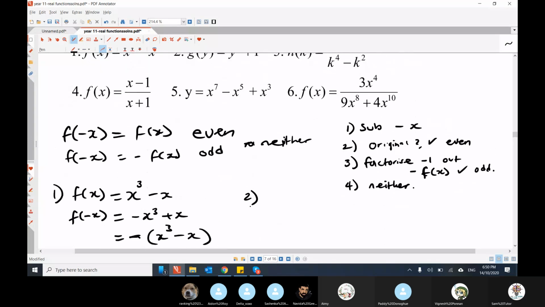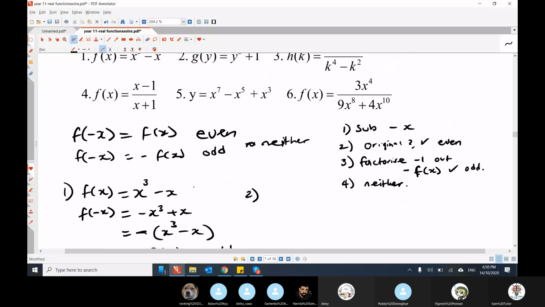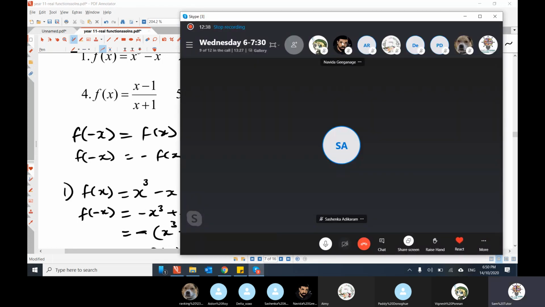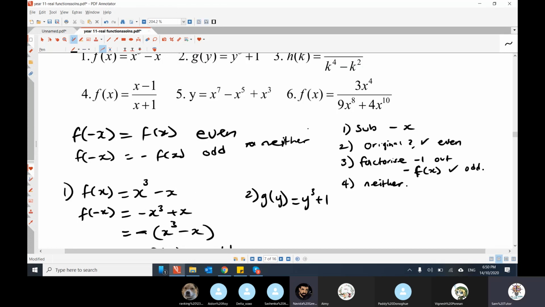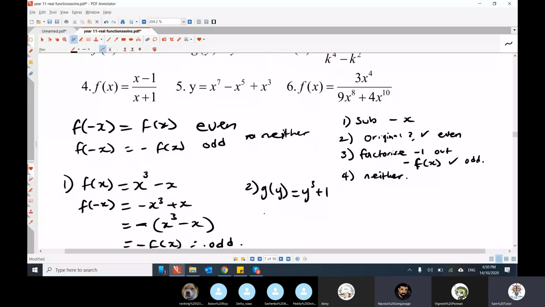Let's go for g of y. I got neither even nor odd. I think you're right. Do you feel like you can kind of see it almost? Not yet, so I had to do a lot of working out. That's fine.